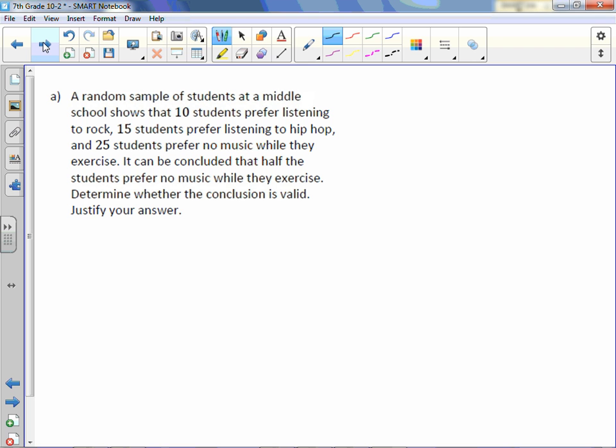A random sample of students at a middle school shows that 10 students prefer listening to rock, 15 students prefer listening to hip-hop, and 25 students prefer no music while they exercise. It can be concluded that half the students prefer no music while they exercise. Determine whether the conclusion is valid. Justify your answer. So here we have a simple random sample.